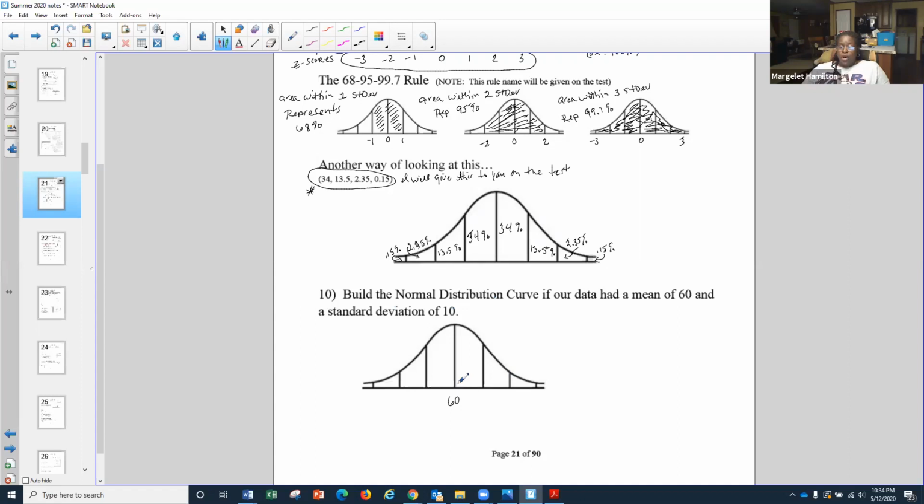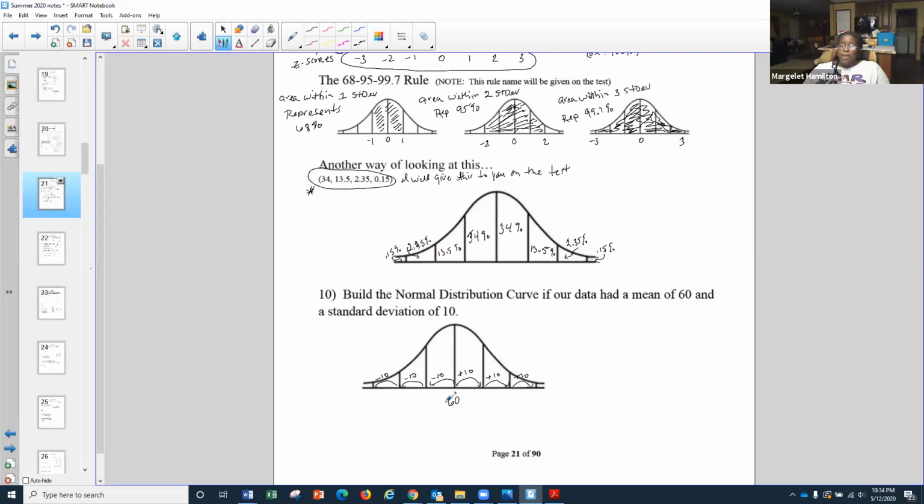So as we move up, we're going to add 10. Go up, we add 10. We go up, we add 10. As we go down, we subtract 10. As we go down, we subtract 10. It's just like our real number line.